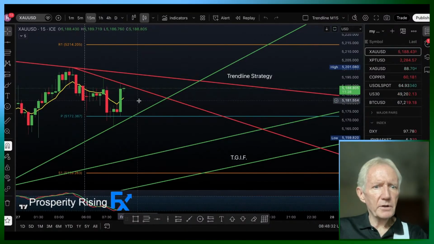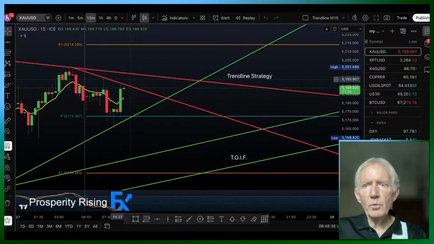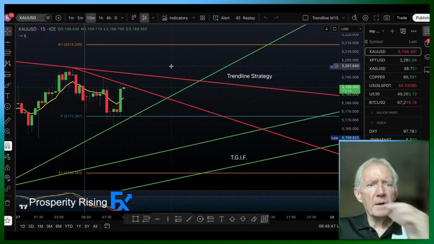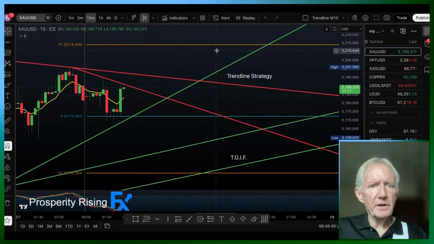So you know what I'm going to do. If it breaks above and closes above this trend line, that means I'll have to wait another 12 minutes. Then I will go long, and I'll put my stop loss down here at 51.67. But we'll just see if that's going to happen.